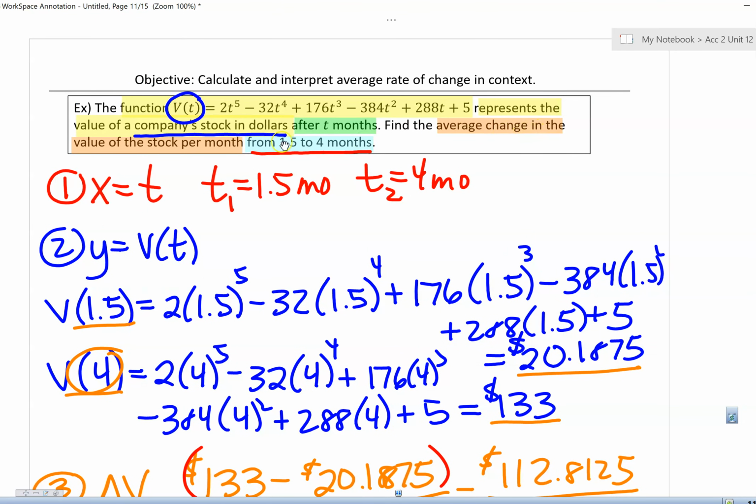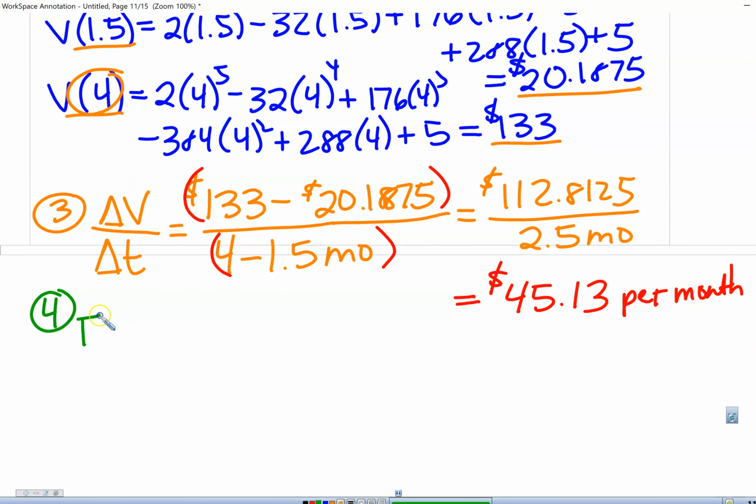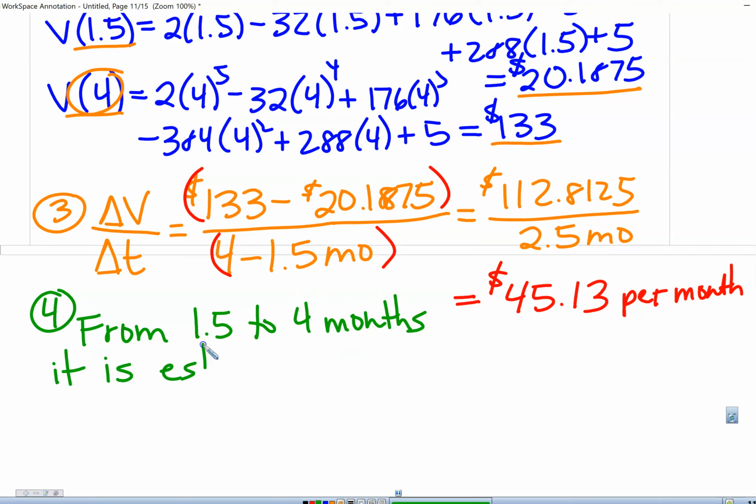So find the average change in the value of the stock per month from 1.5 to 4 months. So this time I'm going to start with my interval, which is also something I often like to do. So from 1.5 to 4 months, it is estimated. So this is how I'm saying that I'm doing an estimated change in value.